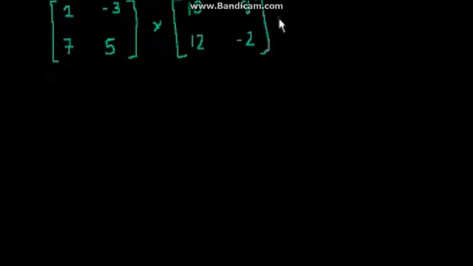So now, there might be a strong temptation, and in some ways it's not even an illegitimate temptation, to do the same thing with multiplication that we did with addition, to just multiply the corresponding terms. So you might be tempted to say, oh, this first term right here, the 1,1 term, or in the first row and first column, is just going to be 2 times 10.